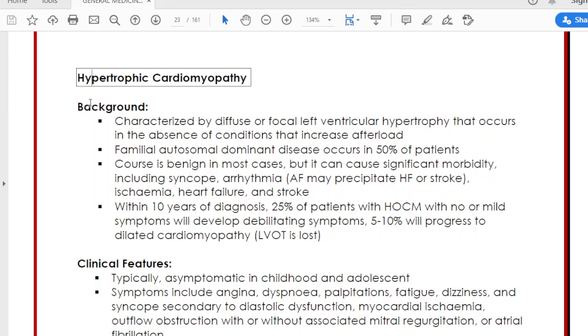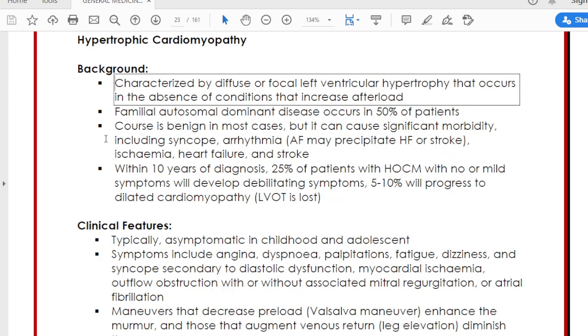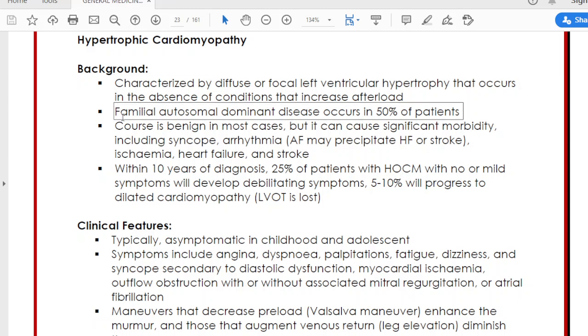Hypertrophic cardiomyopathy. Background: characterized by diffuse or focal left ventricular hypertrophy that occurs in the absence of conditions that increase afterload. Familial autosomal dominant disease occurs in 50% of patients. Course is benign in most cases, but it can cause significant morbidity, including syncope, arrhythmia, AF that may precipitate heart failure or stroke, ischemia, heart failure, and stroke.